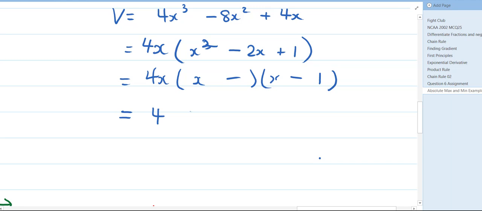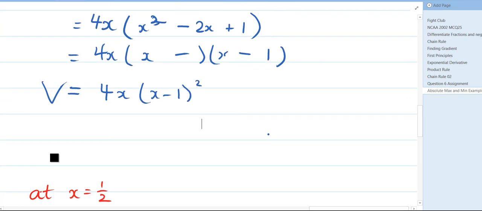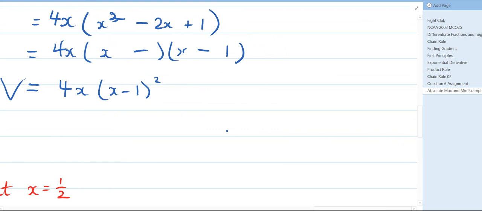This is 4x times (x minus 1) squared, which, based off my understanding of cubics, has an x-intercept at 1 and an x-intercept at 0 using the null factor law.